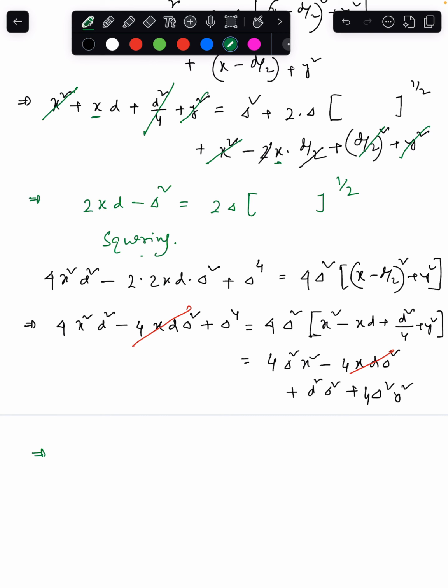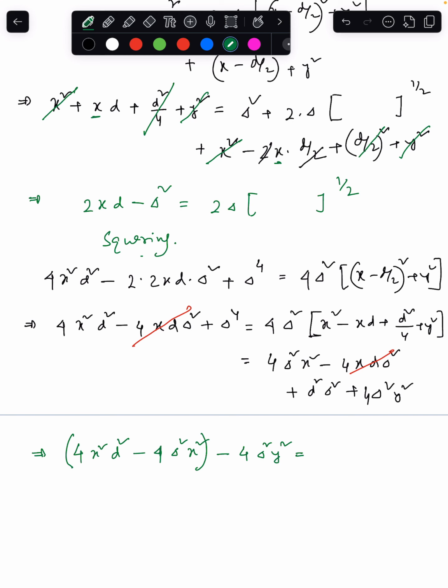You can pause the screen here, watch the calculation very briefly, then redo them once again. So if I rearrange the x term, it is 4x square d square minus 4 delta square x square, right? So this is about the x square term. What about the y square term? There is only one y square term. So minus 4 delta square y square is equal to, what are we getting on this side?